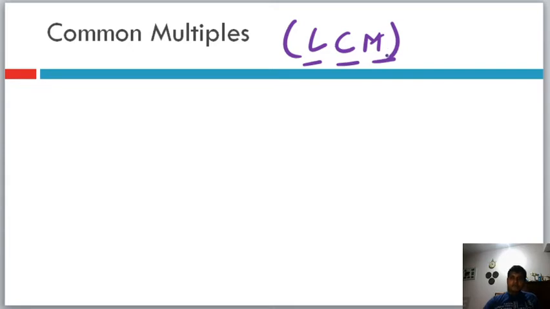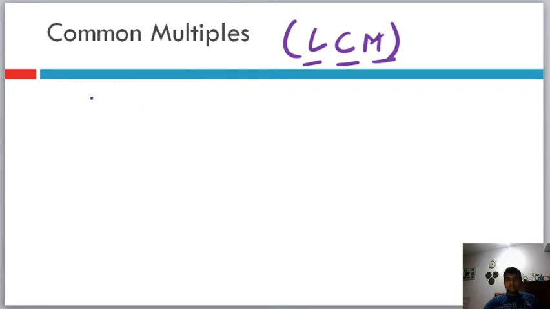So the highest common multiple you can never find out because it will go up to infinity. What you can actually find out is the least common multiple, that is, the smallest common multiple of two numbers or more than two numbers, that you can find out. And there will be infinite number of common multiples.